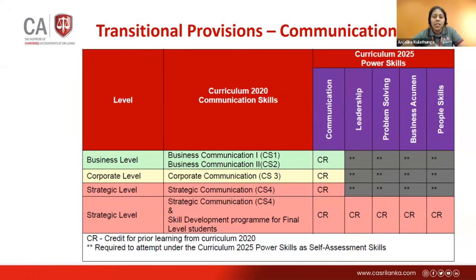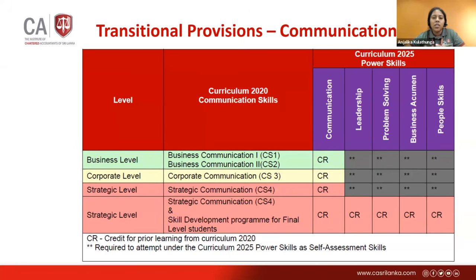Yes, Sarah. This is actually one of the questions I receive frequently. Most of the students are asking, we have completed this communication course and this IT course, so what are the exemptions? This document is one of the student communications we have shared.